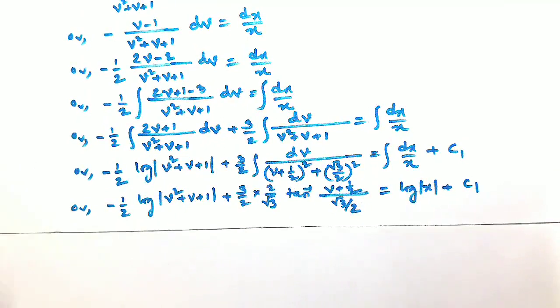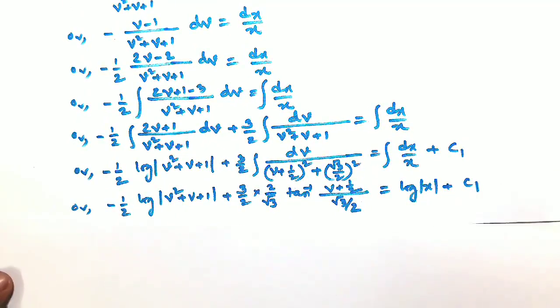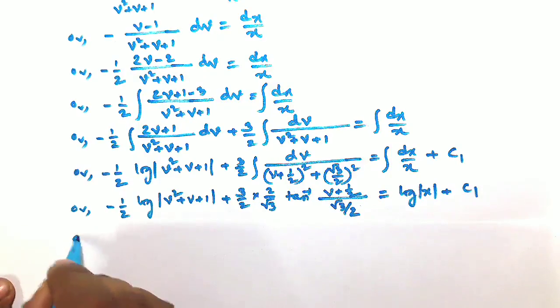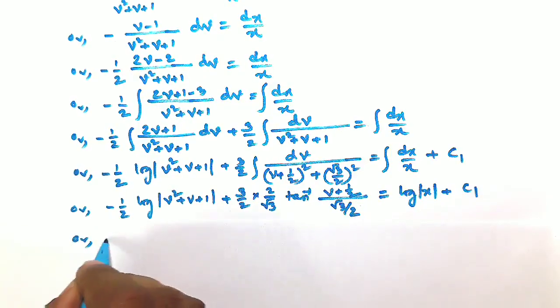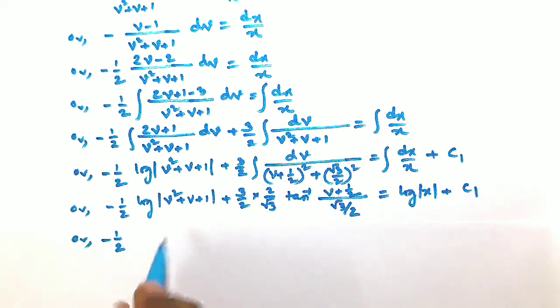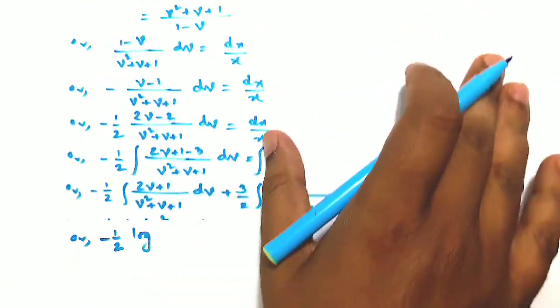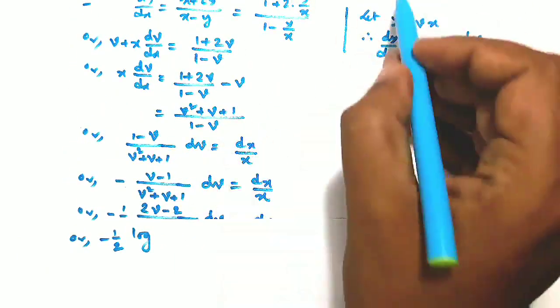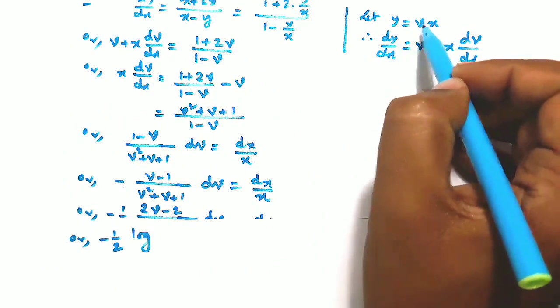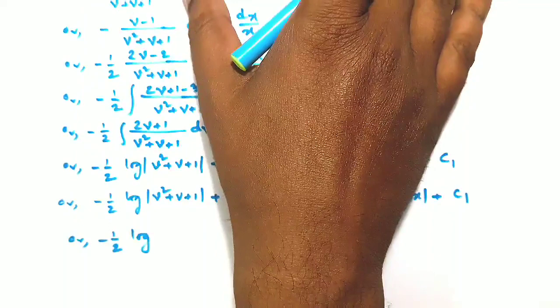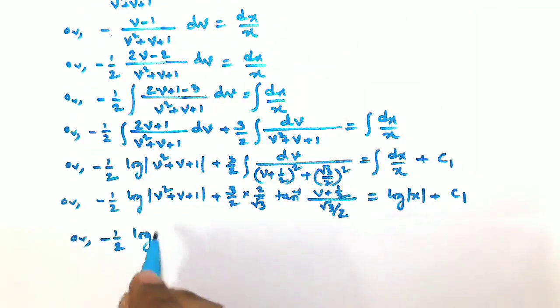Friends, carefully observe, this step is also another important step. We can write minus half log of, what is v? y is equal to vx, we considered it here, so v is equal to y upon x, so we can now replace v by y upon x.